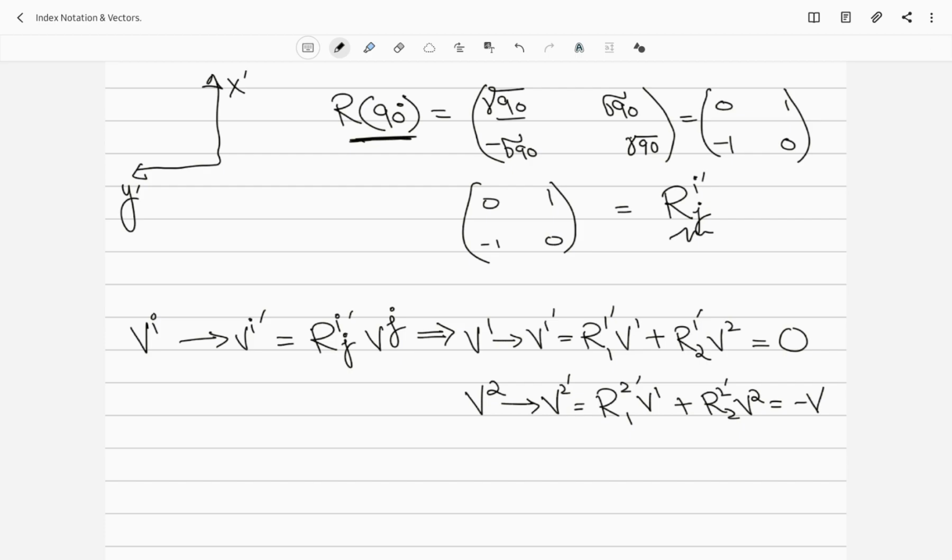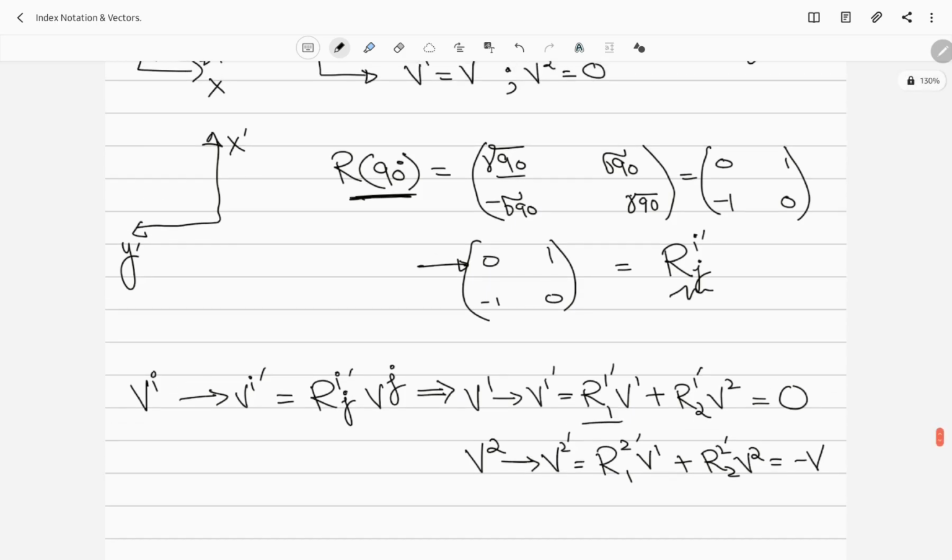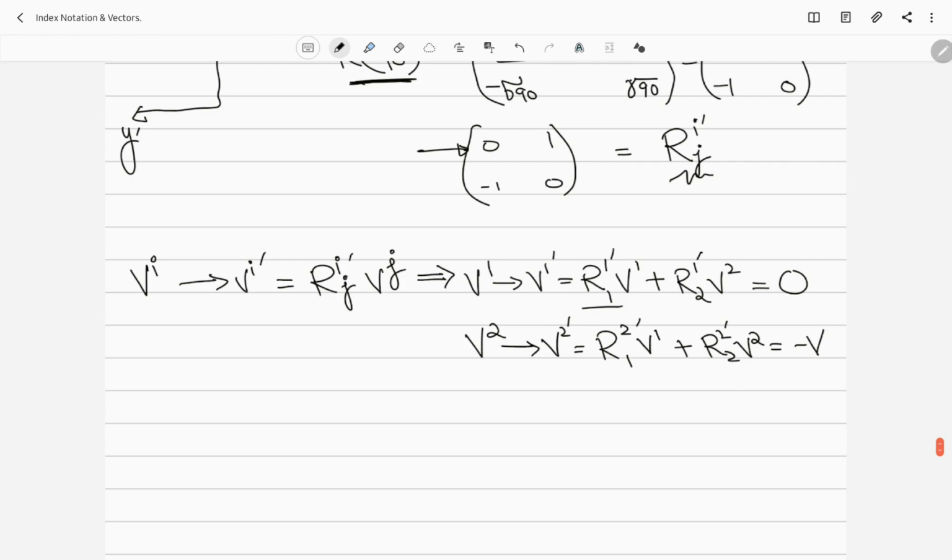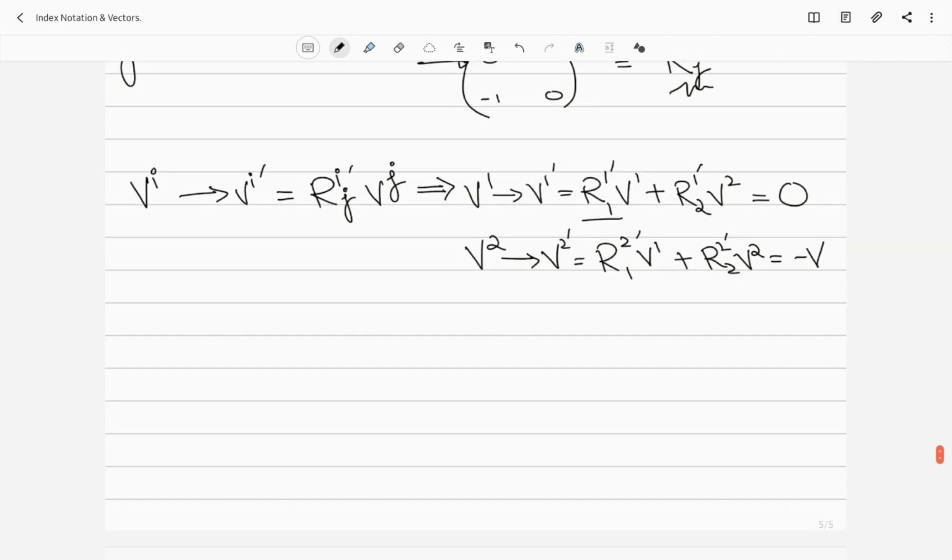Here we have simply labeled this 0, which corresponds to r 1 prime 1, and likewise, like we did in the beginning when we were talking about index notation. But then the basis vectors must be transformed by the inverse of this, right?